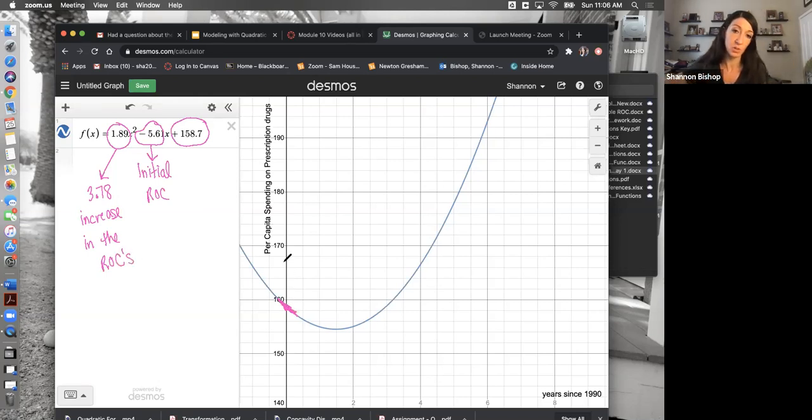So check it out. If this first drop really is negative 5.61, then the next subsequent drop, notice how that second little pink dash that I made is not quite as steep as this first one.